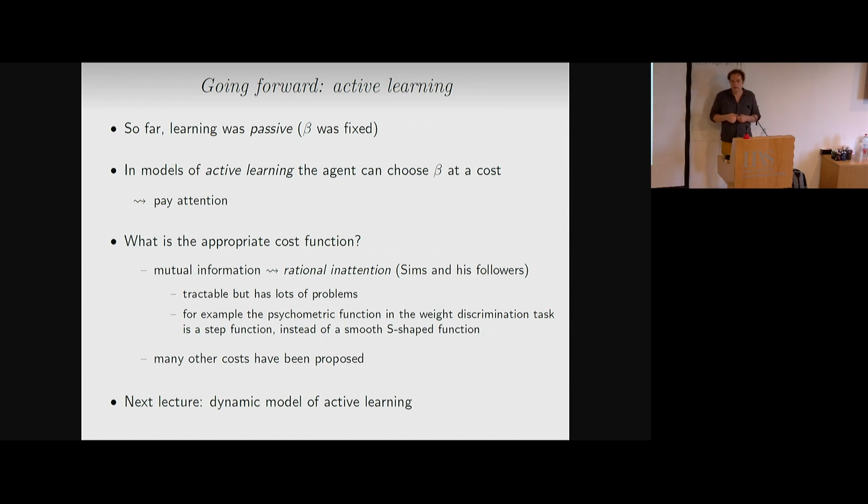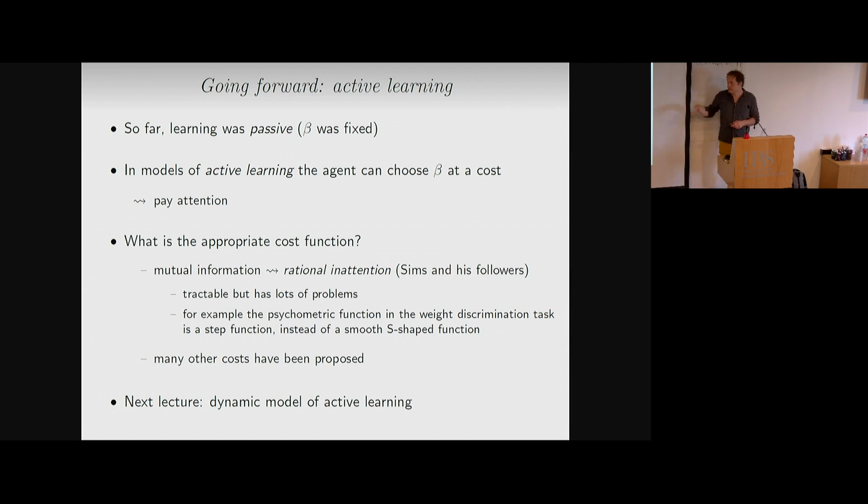And there's a whole big literature discussing what is the appropriate cost function. So you're going to choose beta, but you're going to have to pay something. The attention is not free. What is the cost of attention? The most popular one in the literature is mutual information from information theory. That leads to what Sims calls rational inattention, and Lumi is going to give her lecture on that.